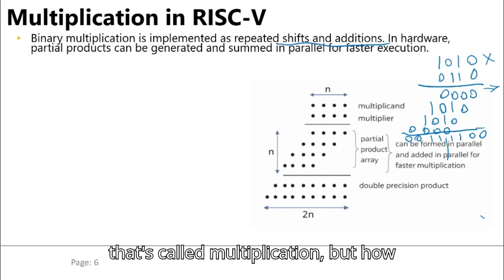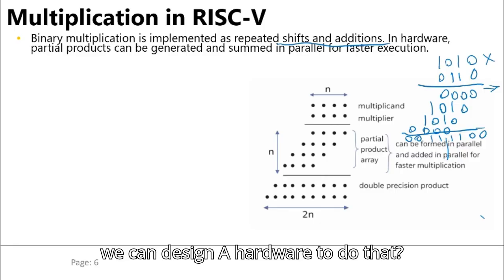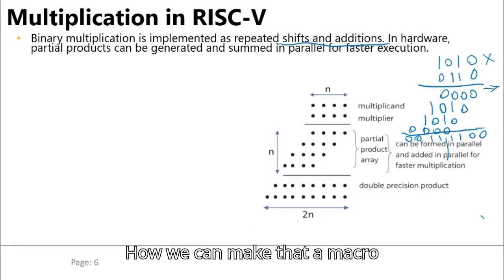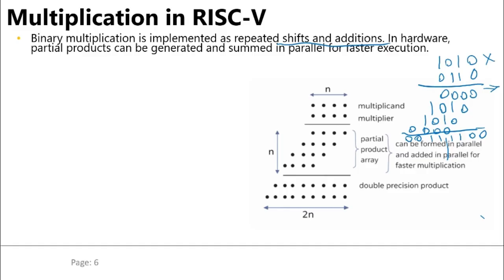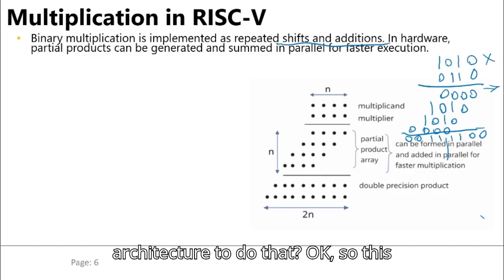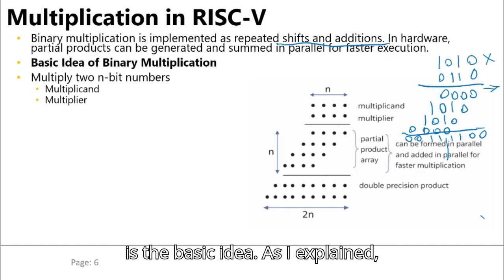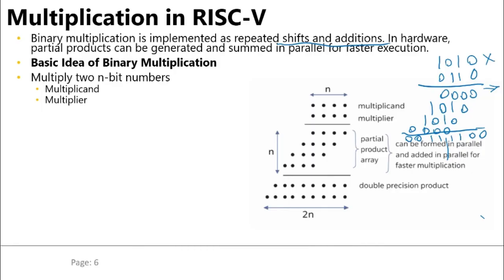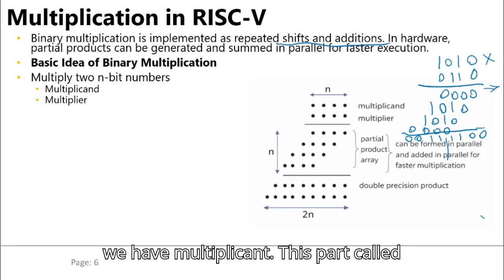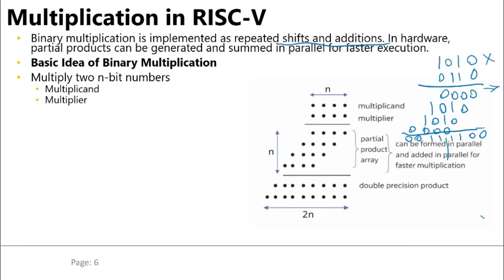Okay, that's called multiplication, but how can we design hardware to do that, how can we make a macro architecture to do that? Okay, so this is the basic idea as I explained, multiplication, n bit. We have the multiplicand, this part called multiplicand.